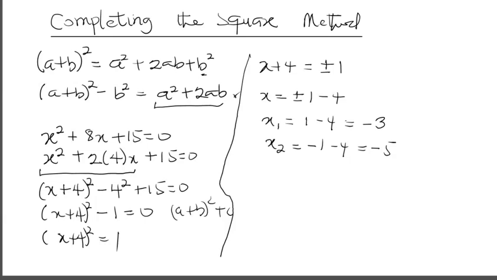Now let's look at a quadratic equation where the coefficient of x squared is not 1 but greater than 1. Let's say we have 2x squared plus 16x and then plus 5 equal to 0.